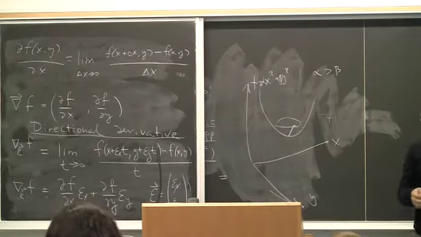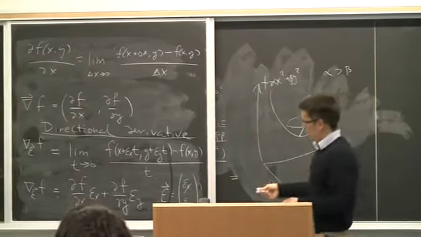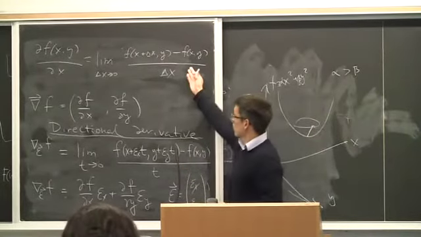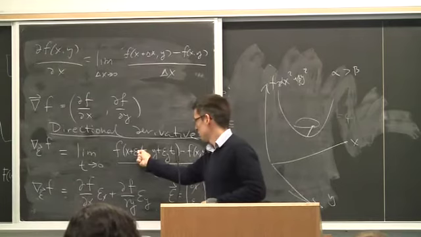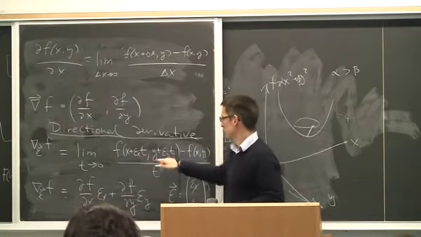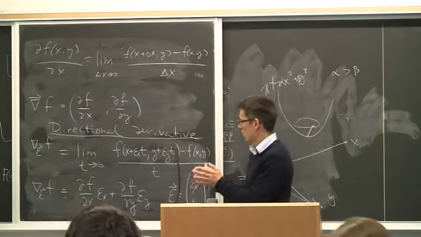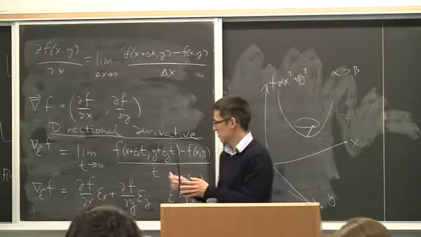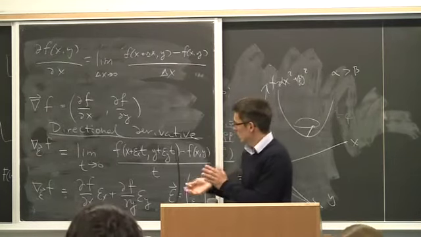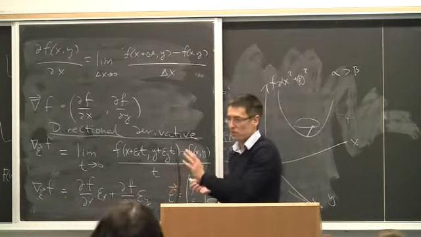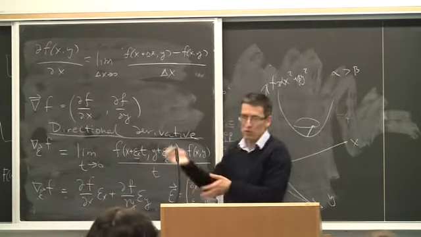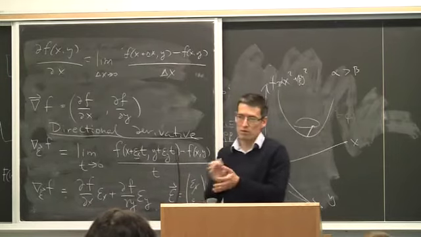Then we can modify the partial derivative by splitting it according to epsilon. If epsilon is a vector and 90% of epsilon goes along the x direction, then epsilon x will be 0.9 and epsilon y will be 0.1.